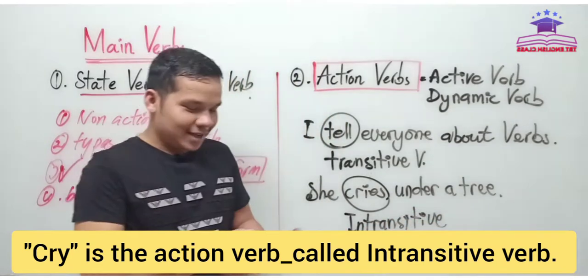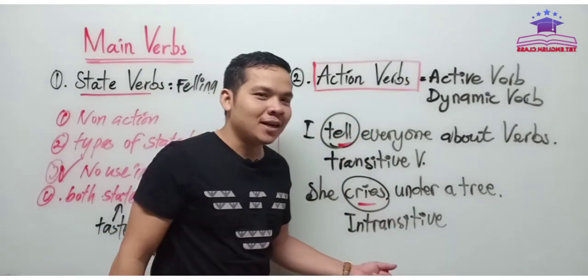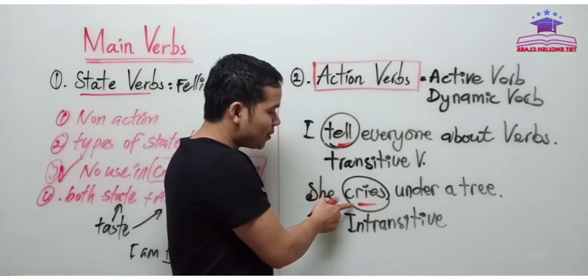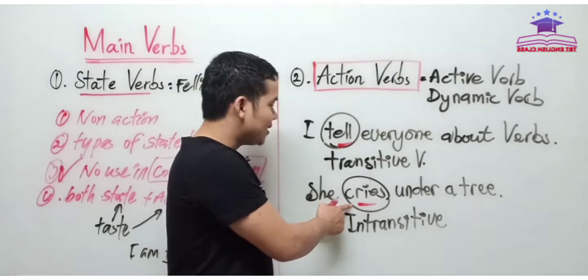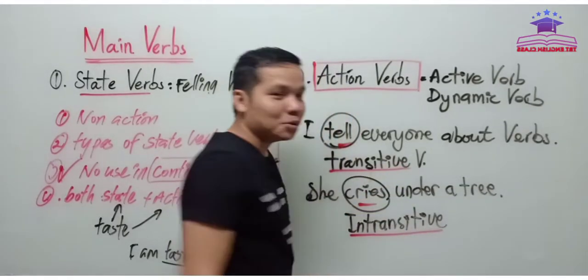You can see the verb tell and the verb cries, but the way we call them in English is not the same. The verb tell, of course, is an action verb. The verb cries is also an action verb, but this one we call transitive verb and this one we call intransitive verb.